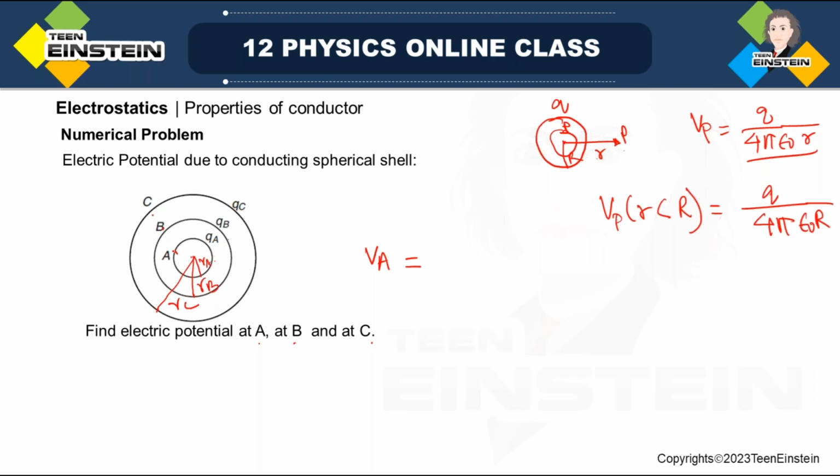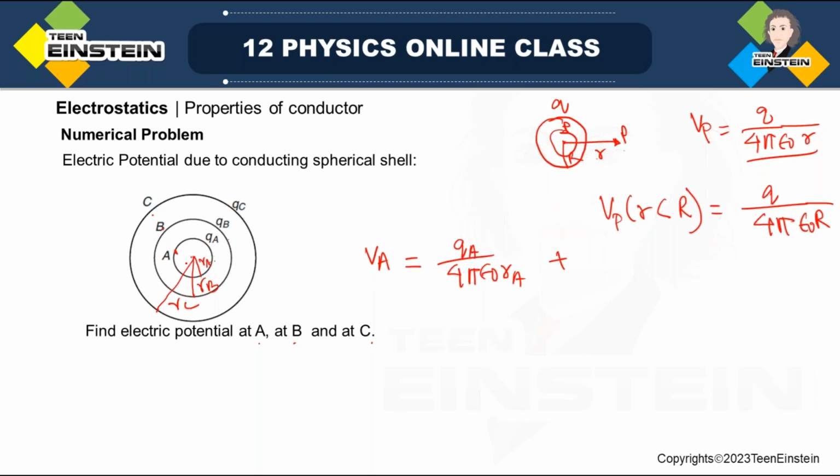So see, this A point is just on the surface due to QA charge. This inner spherical cell with charge QA, this is just on the surface. I can write it QA by 4 pi epsilon naught RA. RA is the radius of the spherical cell.